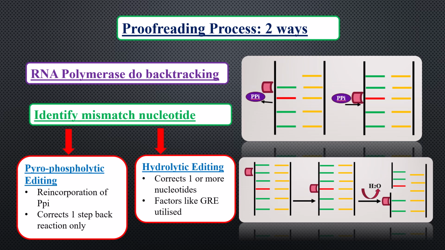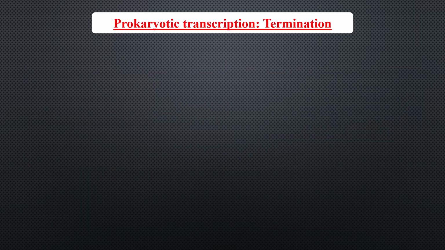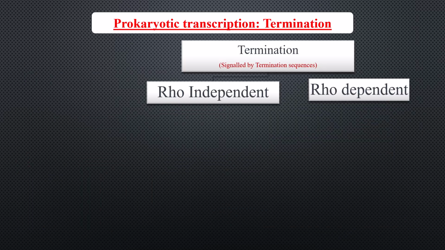With the process of the condensation reaction, the polymerization is reversed by cleavage and removed, and then polymerase activity will take over and keep on adding the now correct matching base pair. So that's how the two different processes of proofreading happen during the elongation phase.